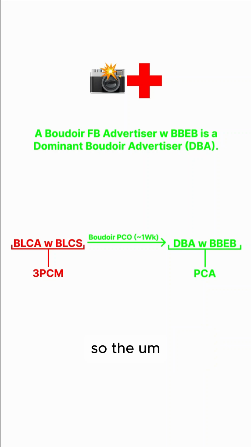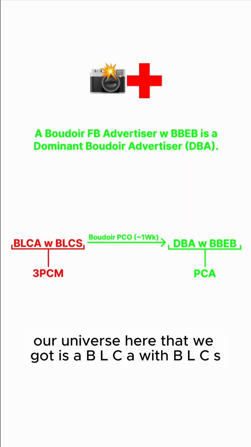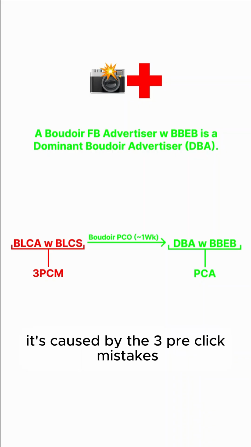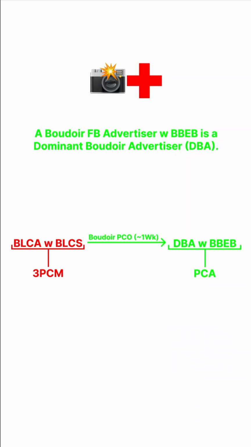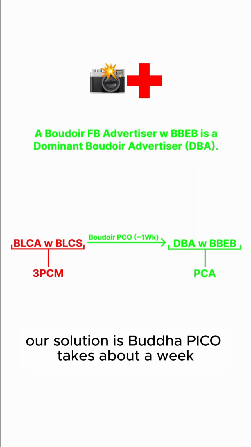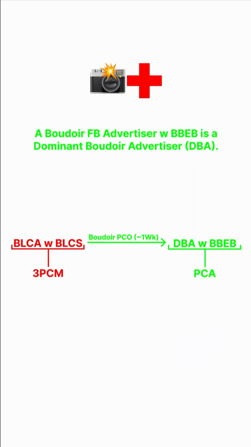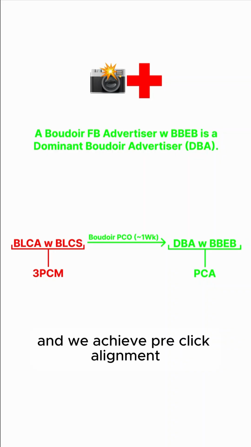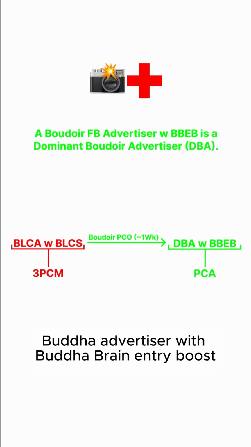So our universe here is a BLCA with BLCS, caused by the 3 pre-click mistakes. Our solution is Boudoir Pico, takes about a week, and we achieve pre-click alignment, and we become a DBA, a dominant Boudoir advertiser with Boudoir brain entry boost.